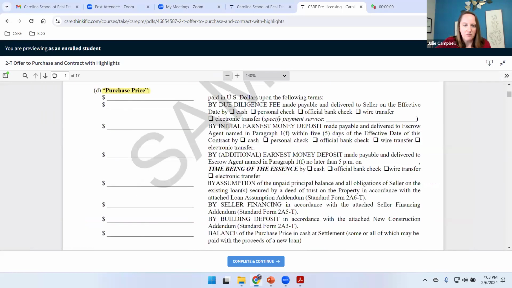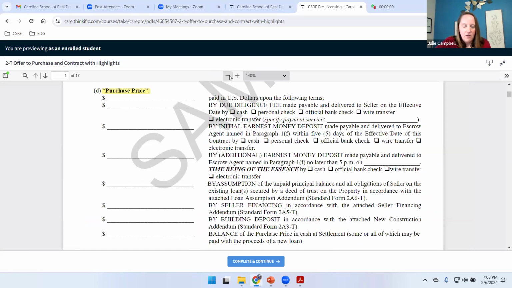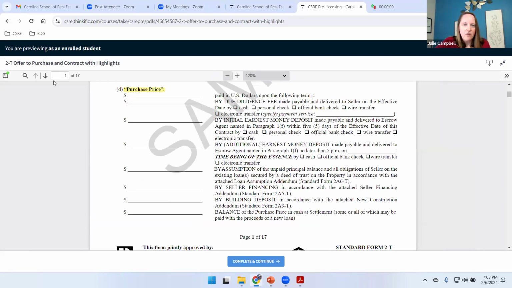Let me make this small just a minute so we can see overall what we're looking at here. So we start with our purchase price, and I'm just going to kind of make numbers up. So we have $100,000 sales price. We negotiate, again, I'm just making numbers up, 1,000 for due diligence, 1,000 for earnest money, and maybe we do 1,000 for additional earnest money due at the end of the month.